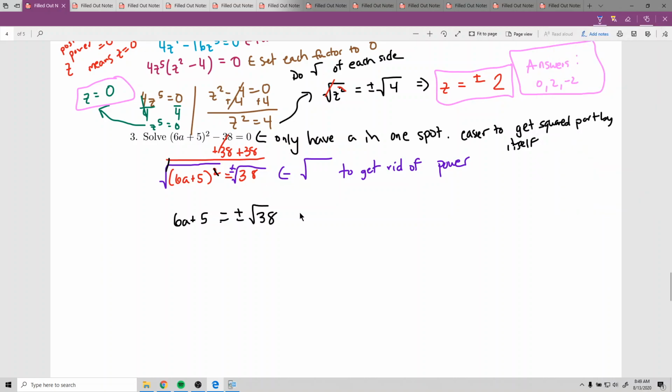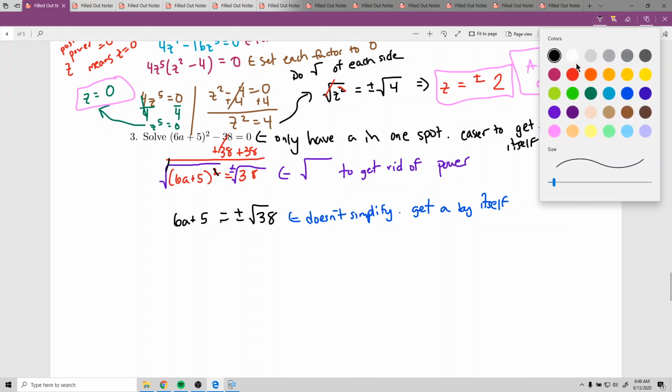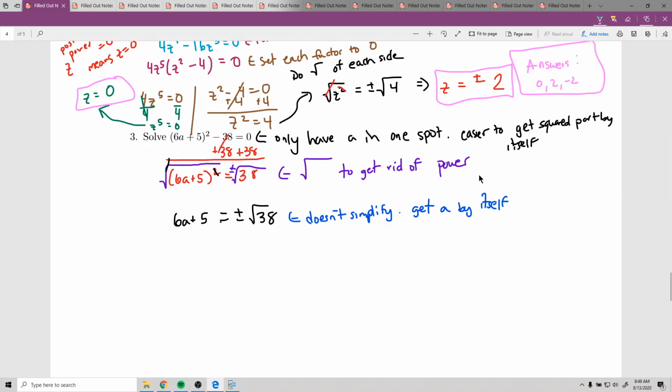Right, and now you want to solve for a. But this radical doesn't simplify. If it was 36, that'd be nice, but it's not. So now we're going to get a by itself. And don't worry about the plus or minus, just keep writing it where it is. We will deal with that at the end.